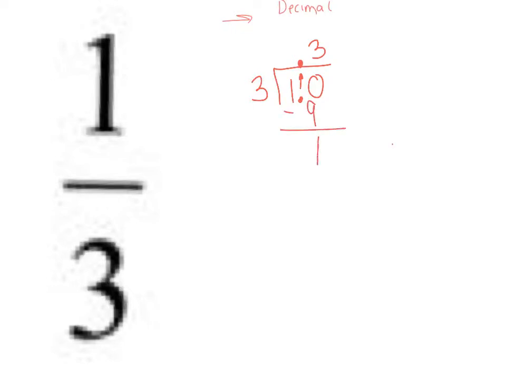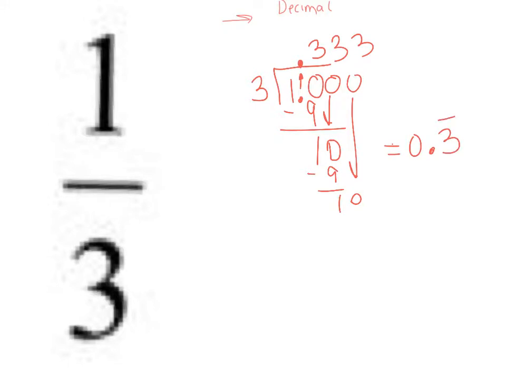Subtract. Remainder 1, add a 0, bring it down. And then it keeps on going, and it never ends. 1/3 is a repeating decimal that is really equal to 0.3 repeating.